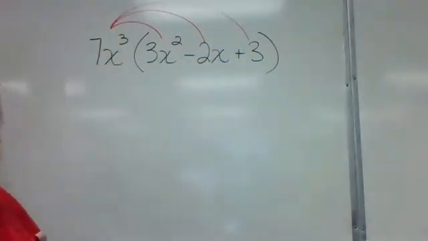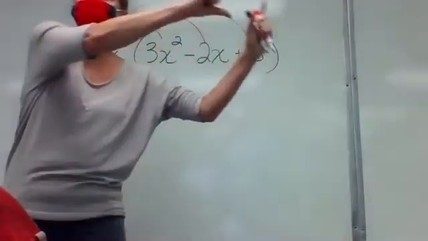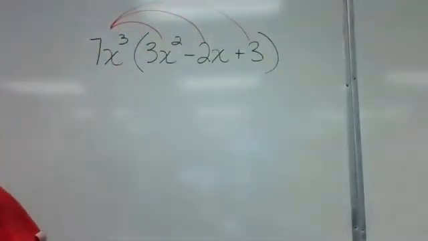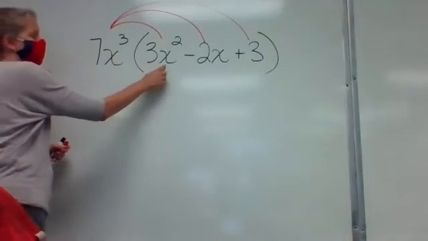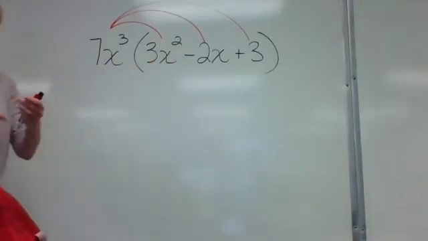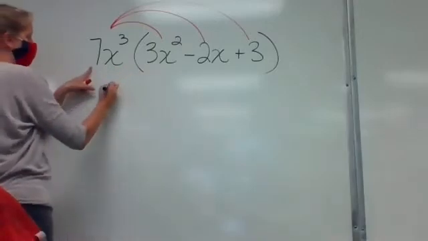That's exactly right. I'm gonna do the 7x to the third times all 3 terms inside that parentheses. So let's see, what do I have first? 7x to the third times 3x squared. So I'm multiplying. So what's the 7 times 3 give you?